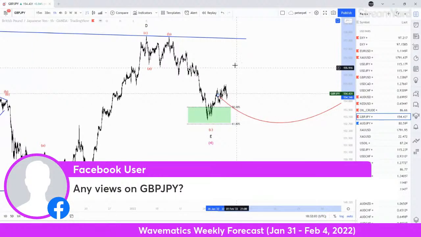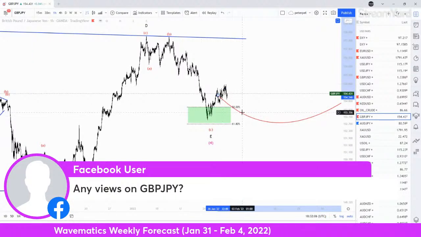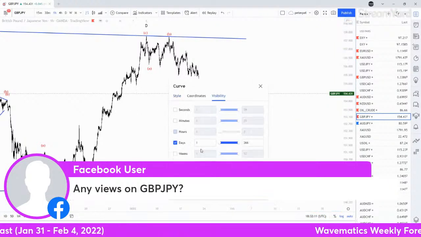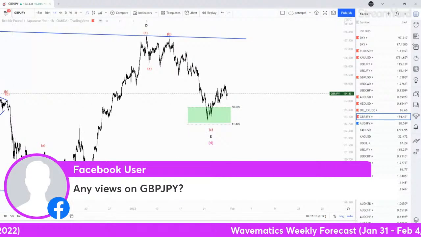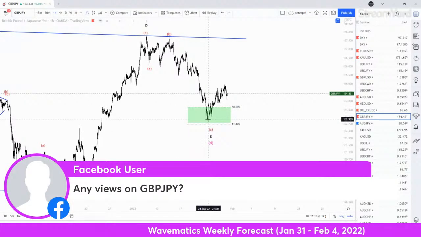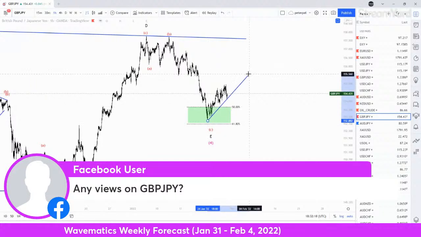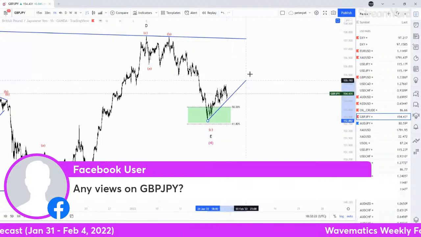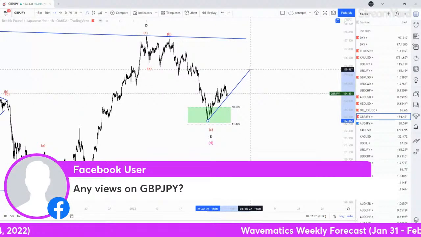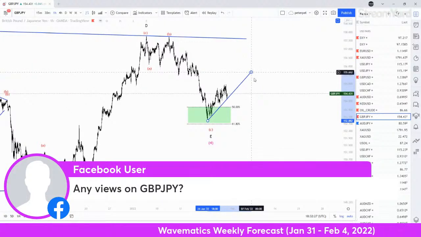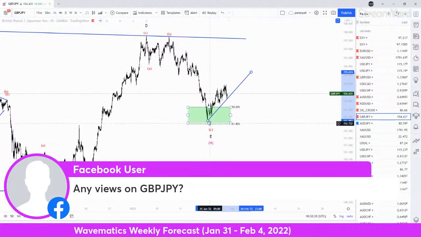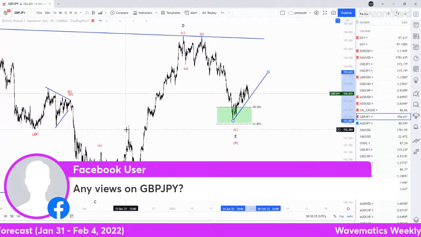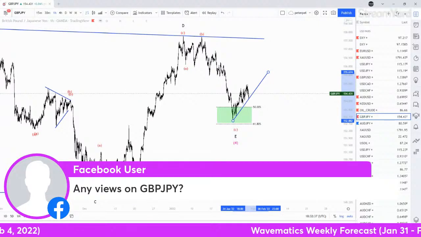But when you have scenarios like this, you can join it with a trend line, like this. And if we get a break out of the trend line with a very sharp move, then that means the wave C isn't complete yet. But as it stands now, if price keeps on moving to the upside, then we are anticipating a wave 5 to the upside. So that is what we are looking at in the Japanese yen.